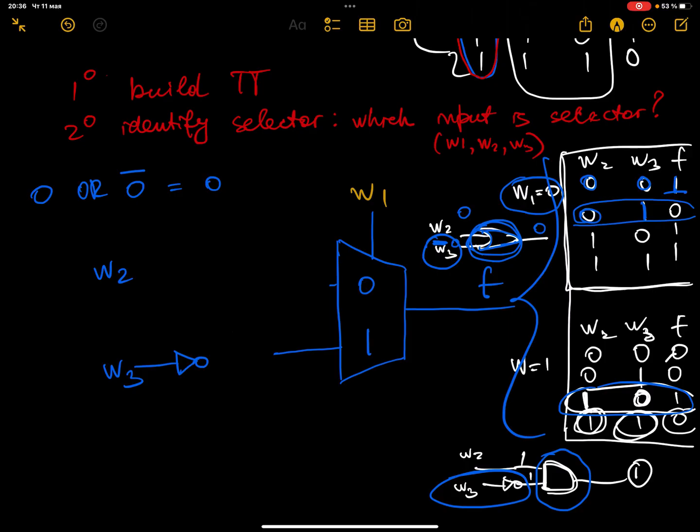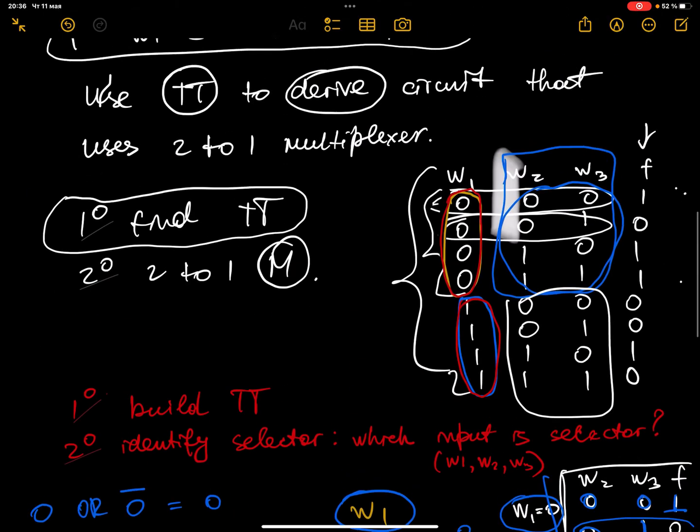Then we have an AND gate here, with W2 coming in and W3 going here, and here we have an OR gate, and this is connected to the case when W1 is 0. So overall, I hope you understand that.